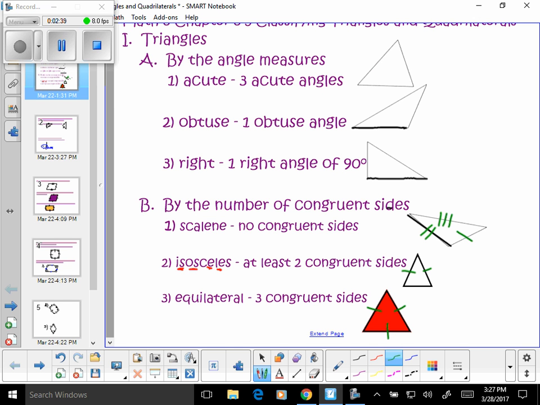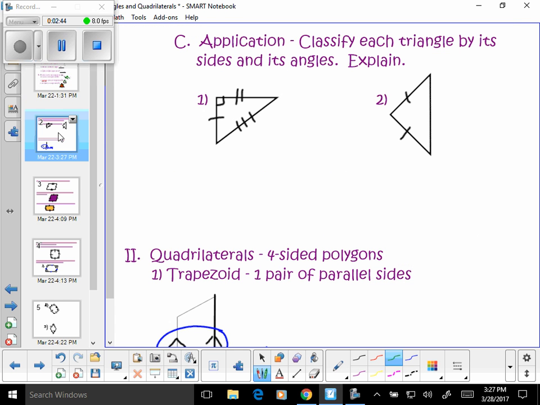Equa meaning equal, and lateral meaning sided. Equal length of sides. So if we look at a triangle, how can we classify by its sides and by its angle? Notice that the first thing they talk to you about is sides. So I look for tick marks. In number 1, there are 3 different tick marks. So this is scalene. Then I look at the angles.